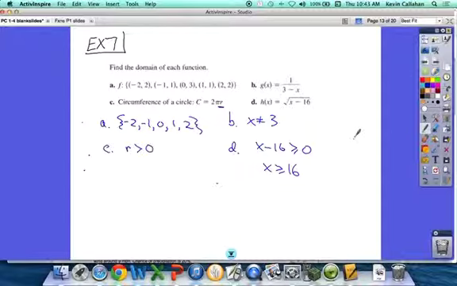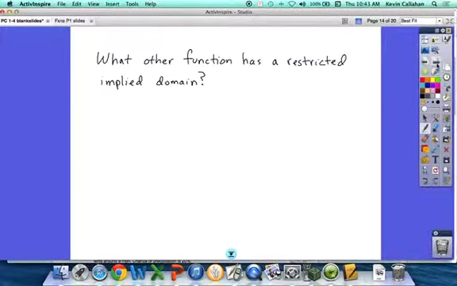Now, when we were in Algebra 2, there was actually one other function that we couldn't just plug in any old value for x. Do you remember which other function that we studied had a restricted domain? Remember which function had a graph that looks like this?